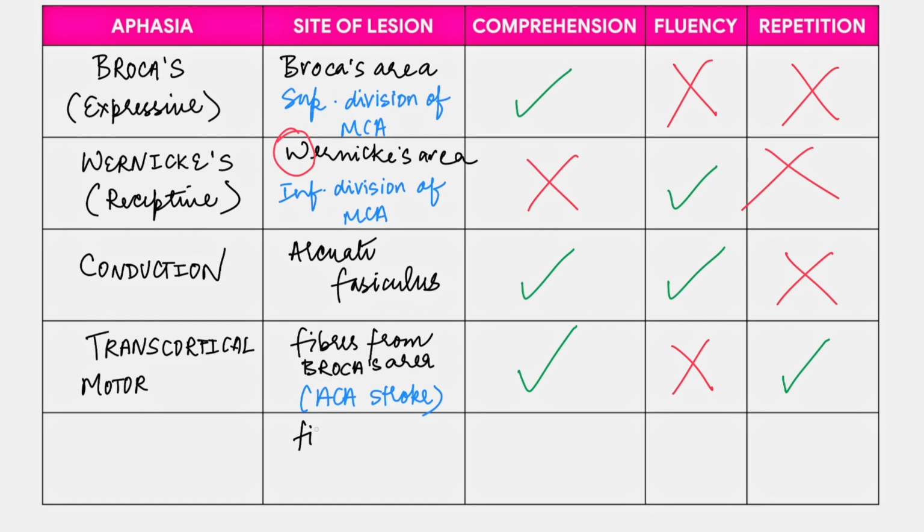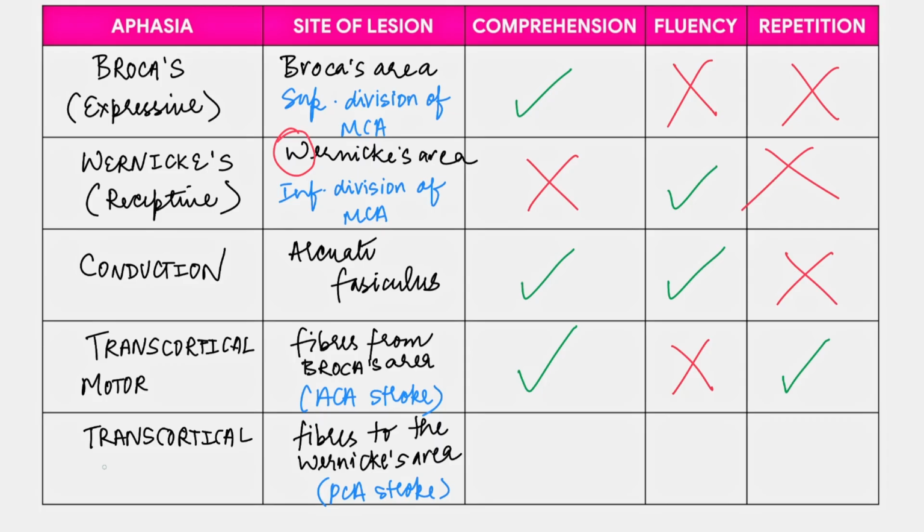Now, what if it's a lesion to the fibers to the Wernicke's area? That you can see in a PCA stroke. Now, this would be called transcortical sensory aphasia.